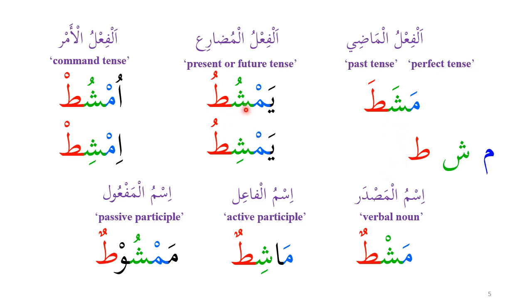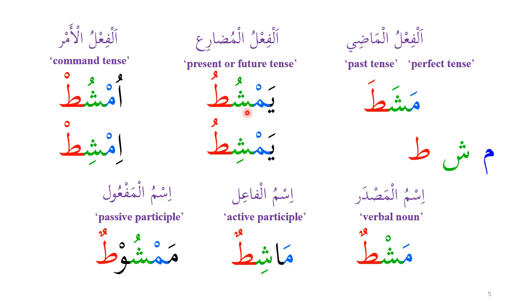And yamshutu means he is combing, and this is fi'lul mudari'a, the present tense, or it can also mean the future tense. He will be doing it, but the action is not complete. But notice here yamshutu and yamshitu with the dhamma and the kasra, both are okay. So we already know a tool for hair correcting.